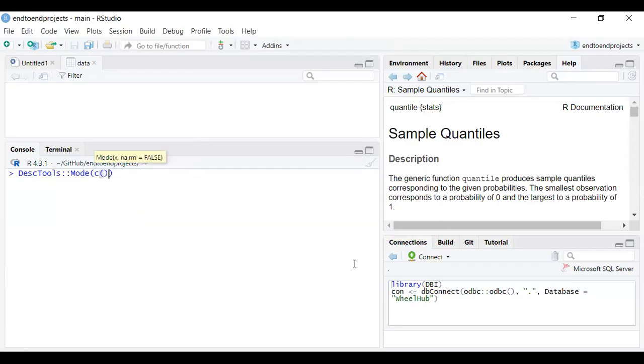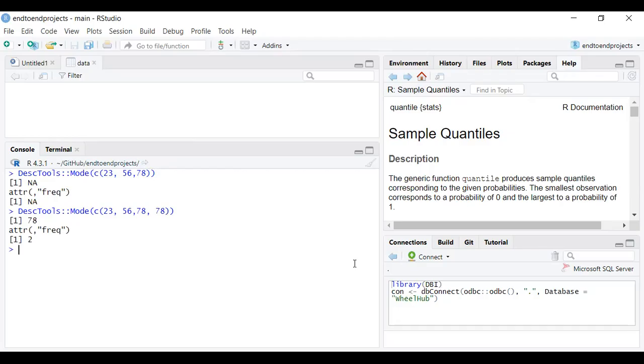I can take any values, 23 and 56 and 78, something I'm giving. So we are getting it here, right? Now we got 78.